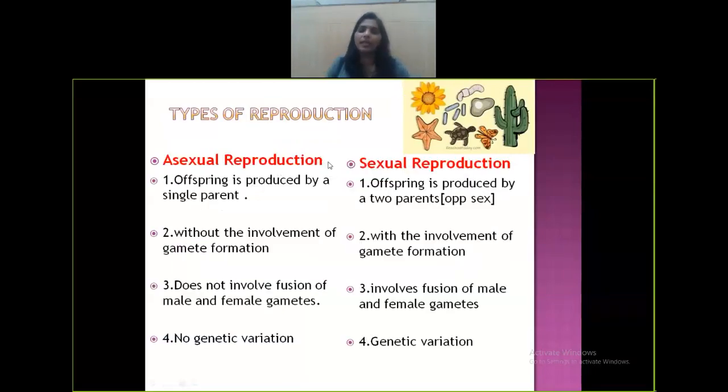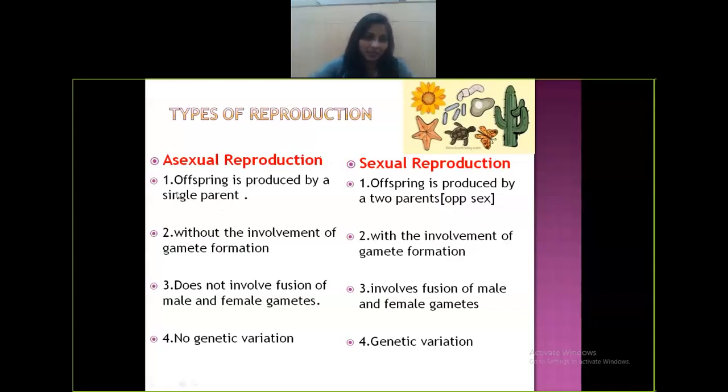Now that was a general introduction about reproduction. Now coming to the types of reproduction: asexual and sexual reproduction. Two types have been mentioned in your book. So asexual reproduction and sexual reproduction. What is the difference between asexual and sexual reproduction?